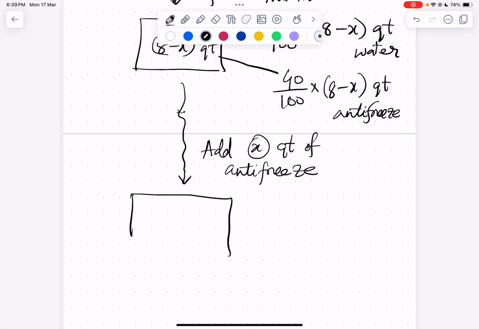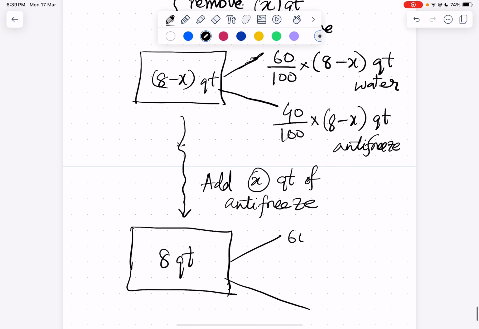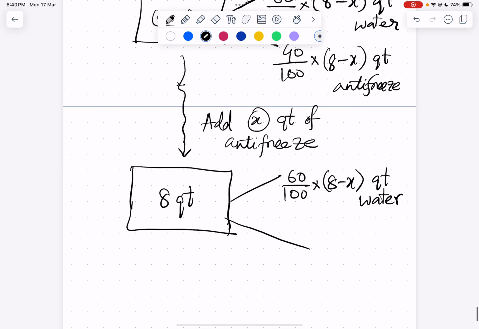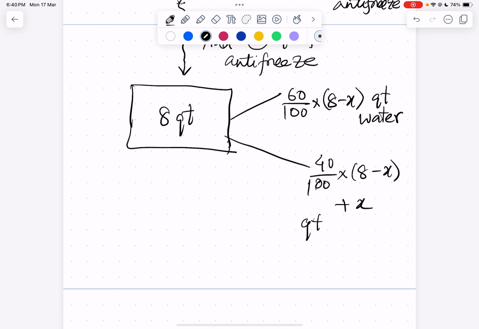Then we get 8 quarts of liquid again, but now this will be 60 by 100 times 8 minus X quarts water, and this will be 40 by 100 times 8 minus X plus X, these many quarts of antifreeze.